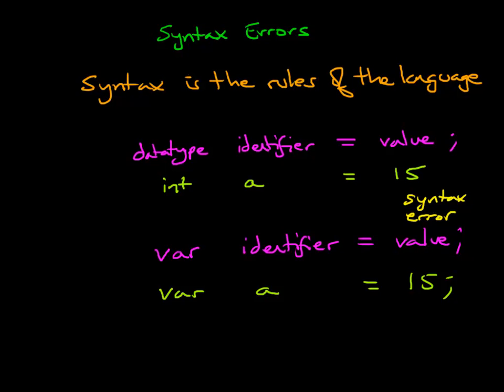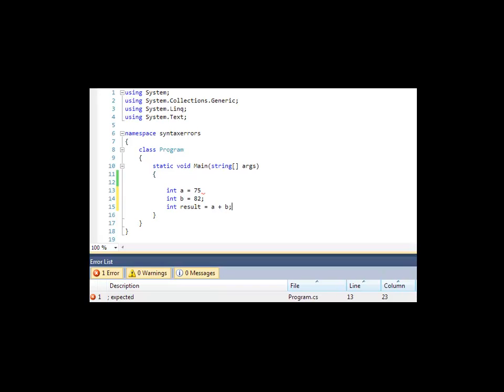And if we look at these in a real language, and just because the IDE is a bit better, we're going to look at C# rather than JavaScript. If we take a look here, it's actually helping us out a little bit by telling us what's going on. The message here says that a semicolon is expected in line 13.